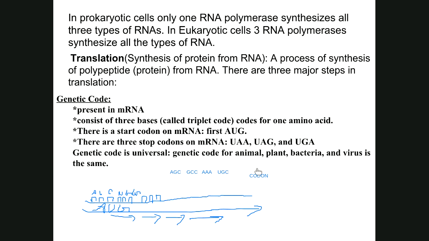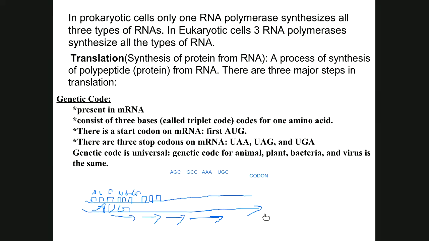When the messenger RNA gets any one, either this one or this one or this one, any one of the stop codons, then the messenger RNA stops there and says, yes, my job is done. I cannot deliver more messages today. I stop here.